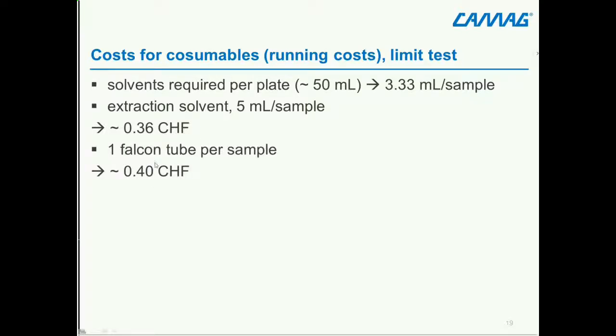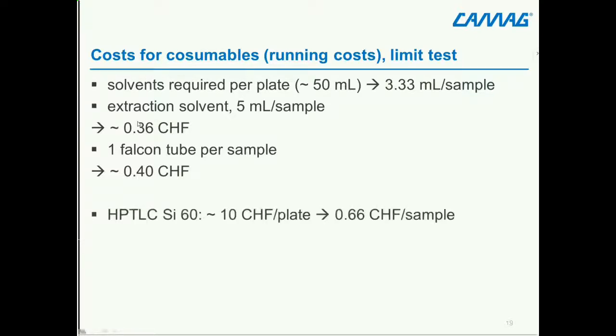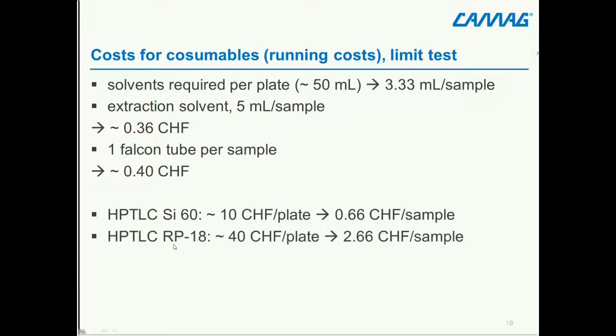Then we need 1 Falcon tube per sample, and we need the blades. The straight phase blades in Switzerland cost about 10 Swiss francs per blade, and if you calculate this per sample, then it's less than a Swiss franc. For RP18, it's 4 times higher compared to the straight phase.